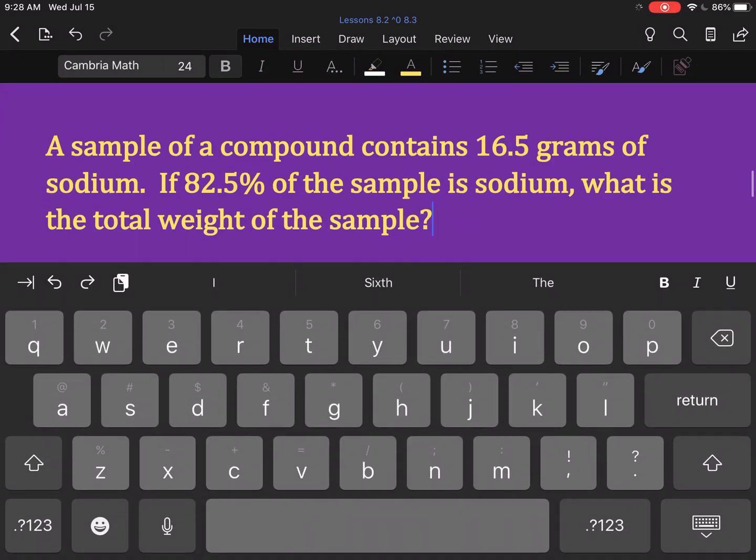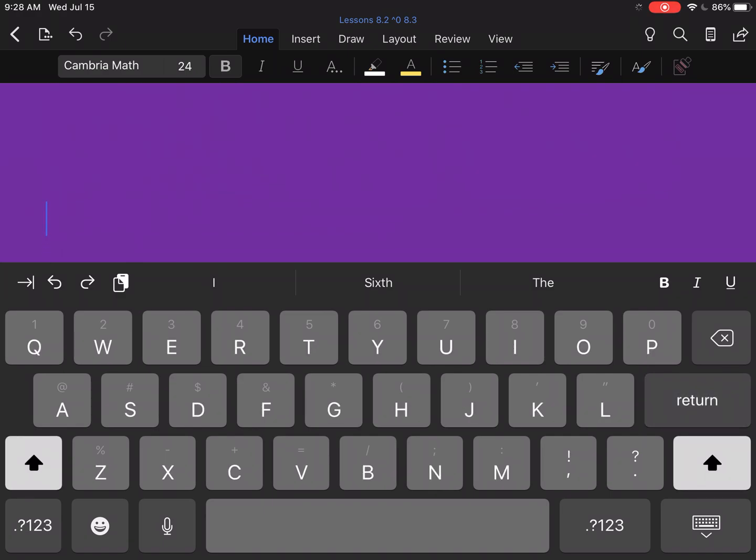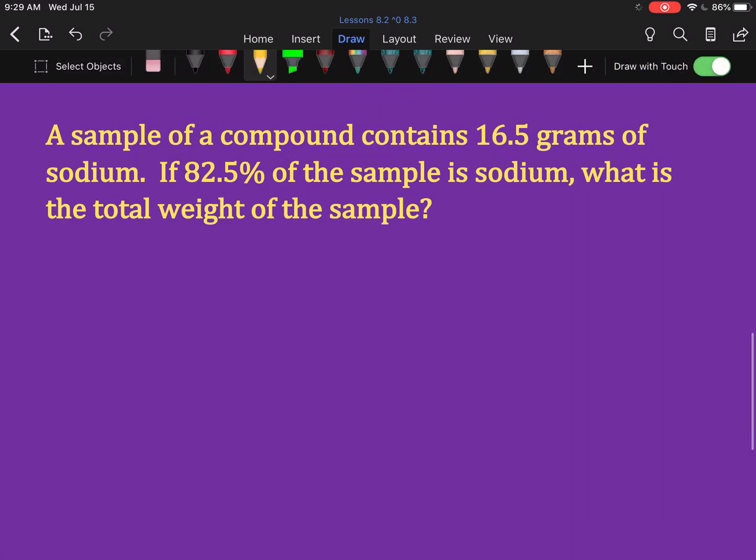And a word problem. Let me knock some space here so it'll let me do it without screaming at me. All of these problems are a proportion with 100 on the bottom right. A sample of a compound contains 16.5 grams of sodium. I don't know where to put that yet.